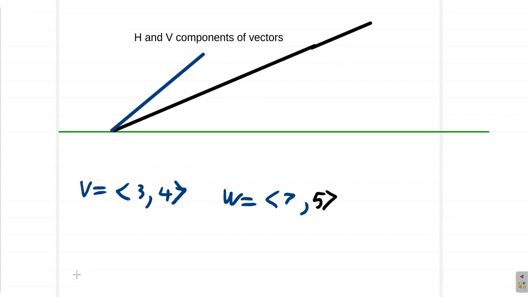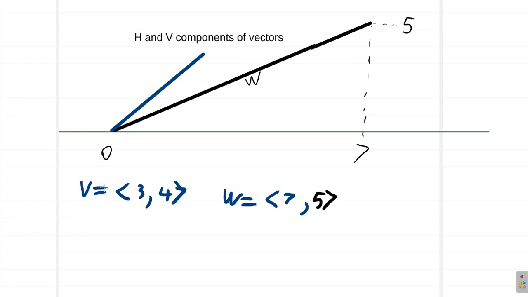Obviously, the longer one is W. So this is vector W. It goes all the way out to 7. This would be the origin. It goes out to 7 and goes up to 5. That's what it means.